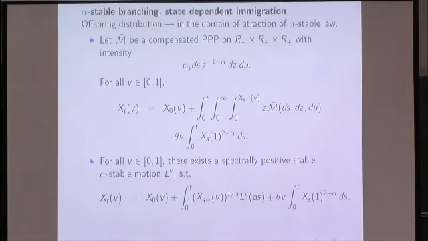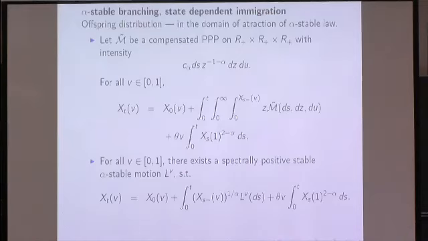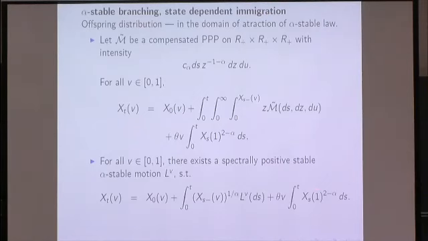For any v, you can characterize it as a solution to a certain SDE driven by an alpha-stable process. Yesterday there was a talk about SDEs driven by alpha-stable processes, and if you take the total mass process, it's in fact an SDE which depends only on total mass. So it's just the SDE related to total mass, but it has a non-Lipschitz function here, and it has a non-Lipschitz function here.